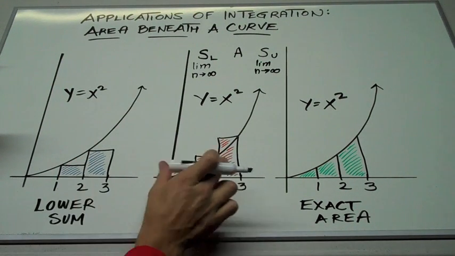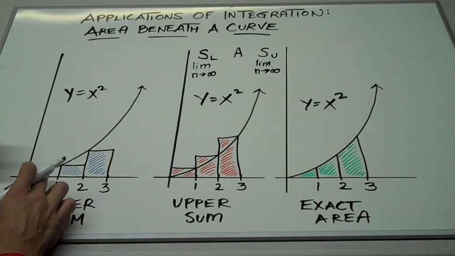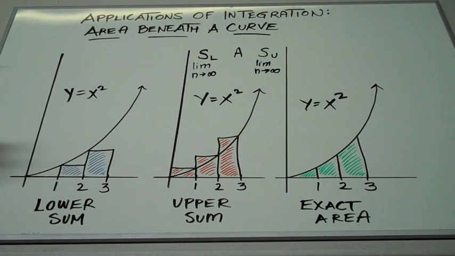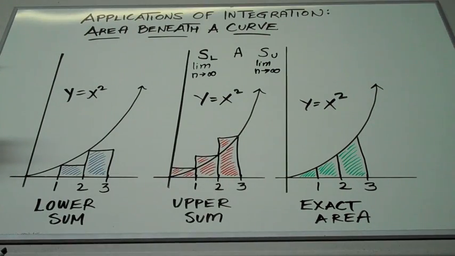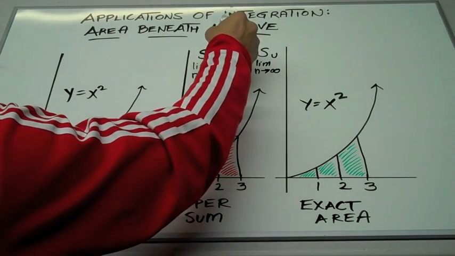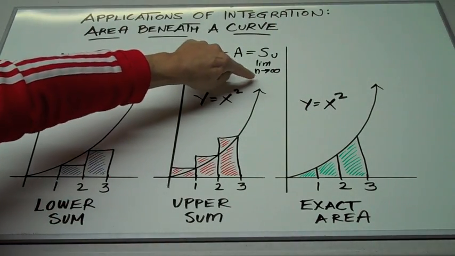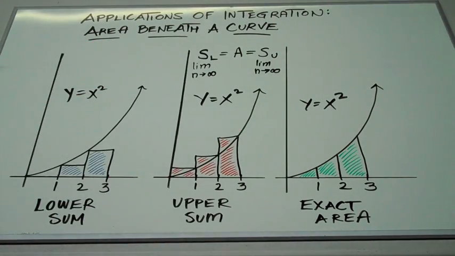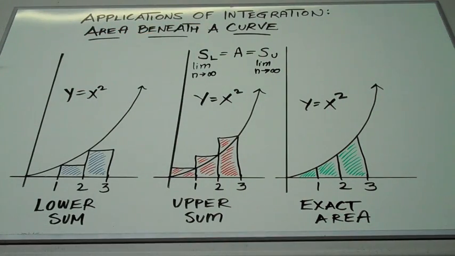Here I had 2 and here I had 3. If I increase that number of rectangles towards infinity, eventually the little area below the rectangles goes to almost 0, and the little area above these rectangles goes to almost 0. So we can say as I take infinite rectangles, the upper sum goes down towards the exact area, and the lower sum goes up towards the exact area.